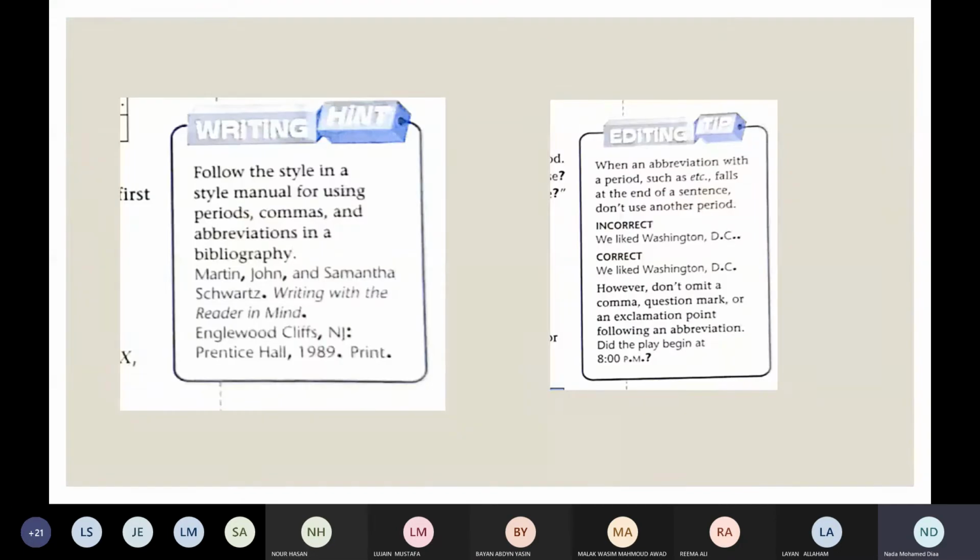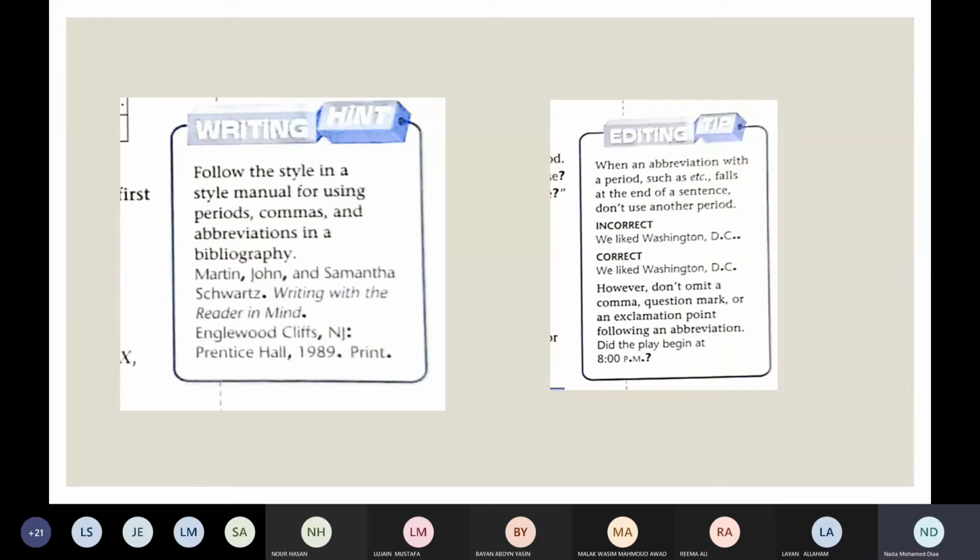Here are the steps that are written in your book at the side. Follow the style in a style manual for using periods, commas, and abbreviations in a bibliography. Martin, comma, John, comma, and Samantha Schwartz, dot, Writing with the Reader in Mind.